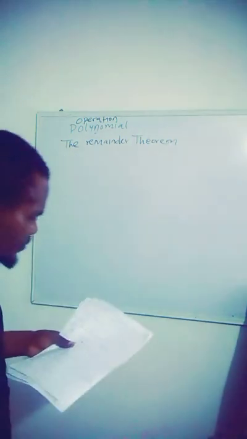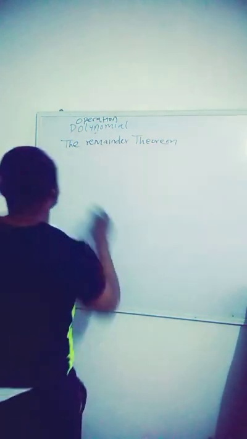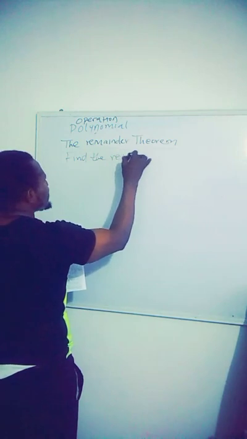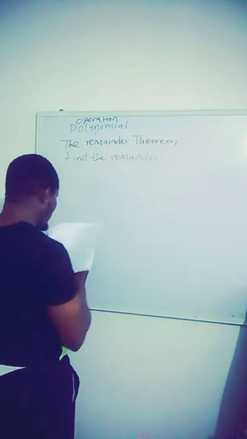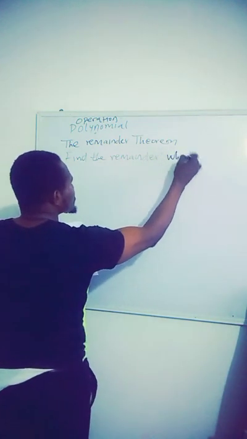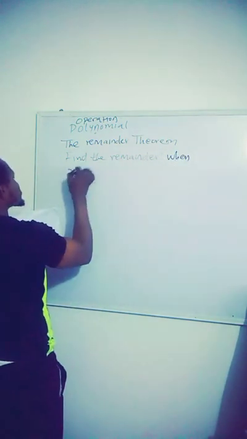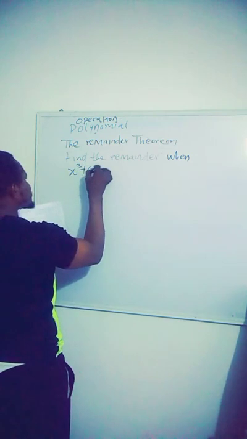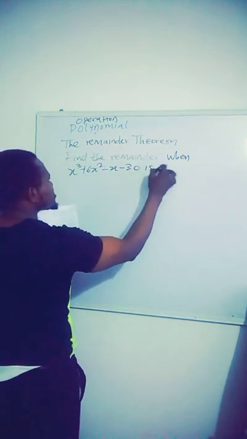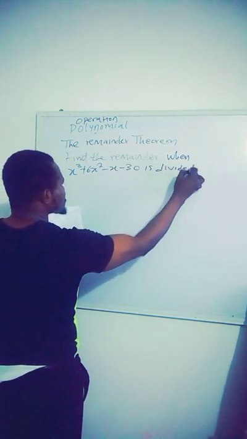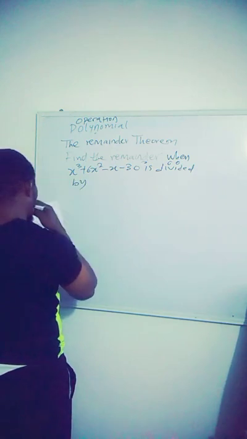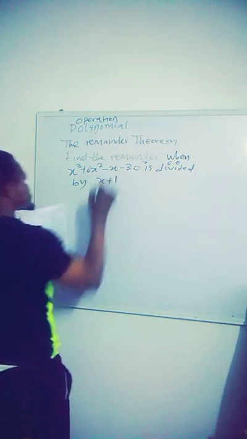So let's see an example. Find the remainder when s cubed plus 6s squared minus s minus 30 is divided by s plus 1.